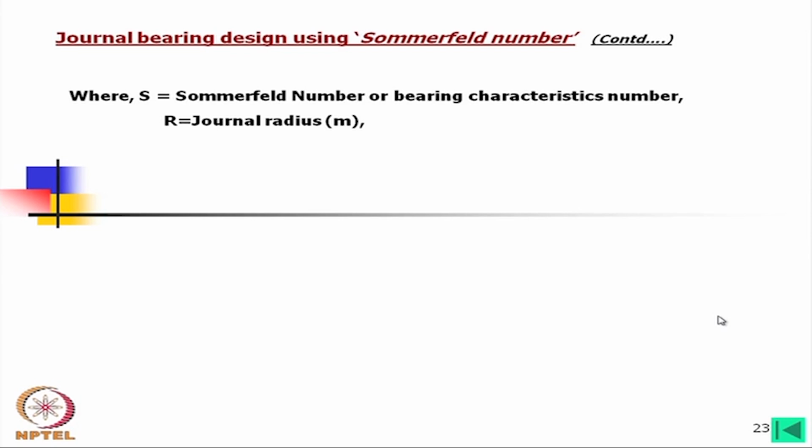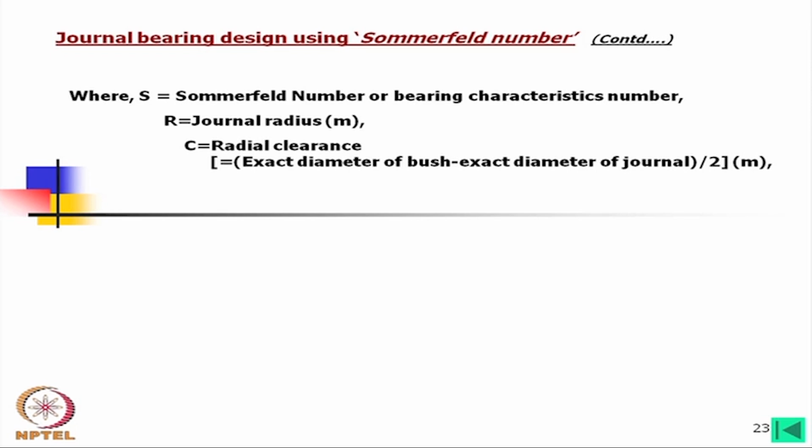Where S is the Sommerfeld number or bearing characteristics number, R is journal radius, C is radial clearance, that is, exact diameter of bush minus exact diameter of journal divided by 2, in meter.